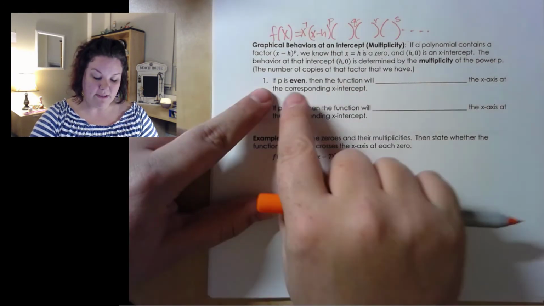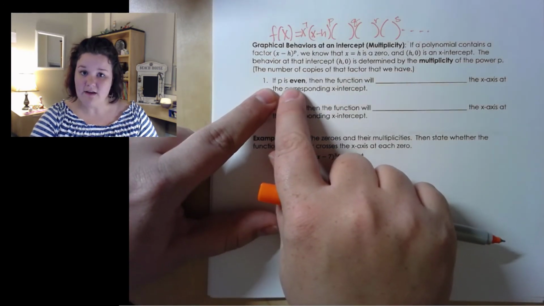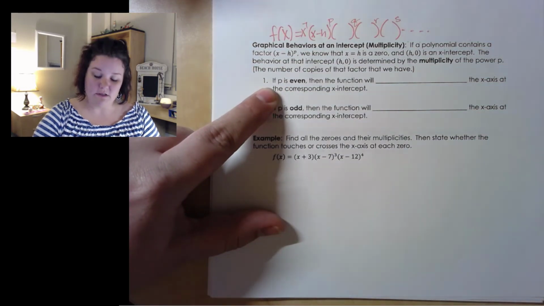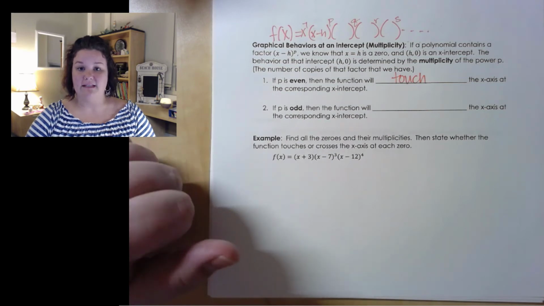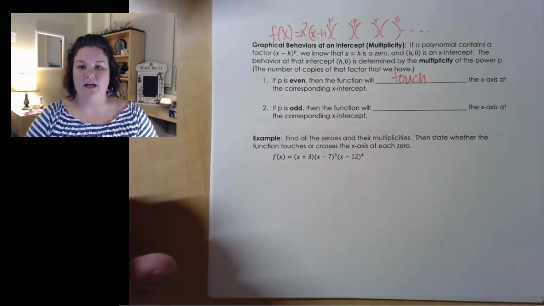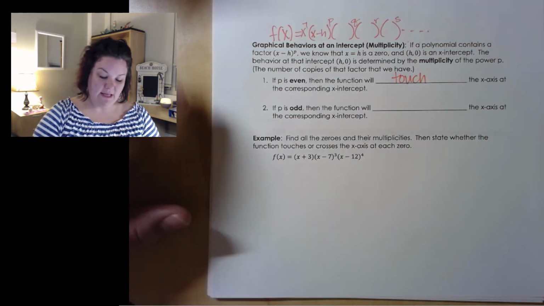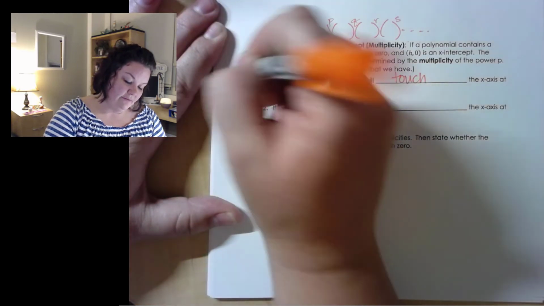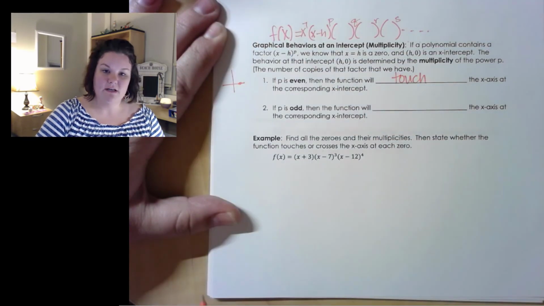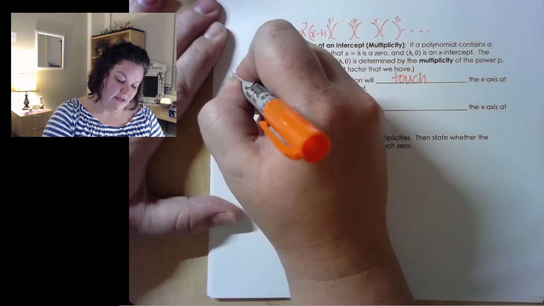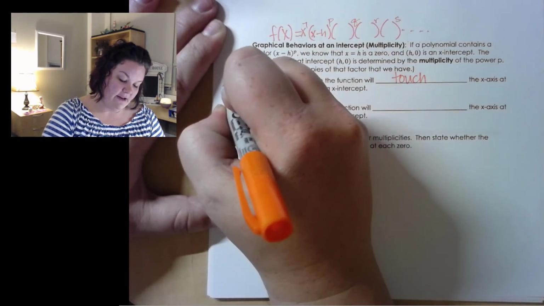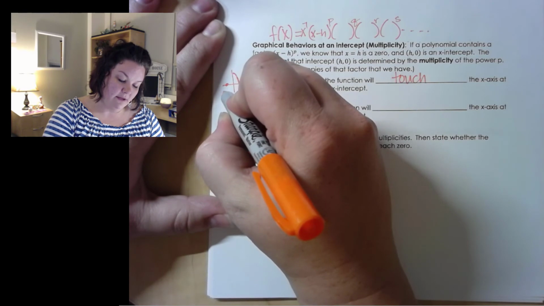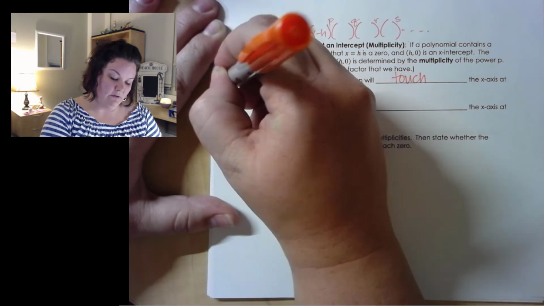So if the multiplicity happens to be even, then when we graph it, our graph will only touch the x-axis. It won't cross. So if I have a graph and here's my x-intercept, the graph may come down and touch it and bounce back up, or I may have an x-intercept coming from the bottom that touches and goes back down.